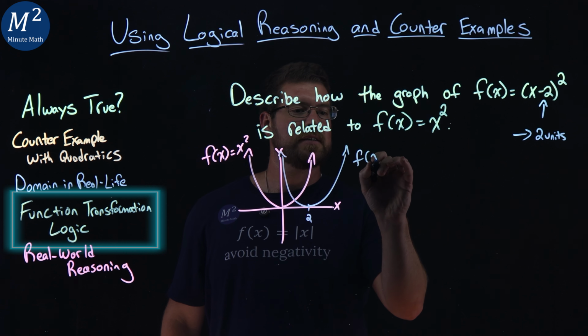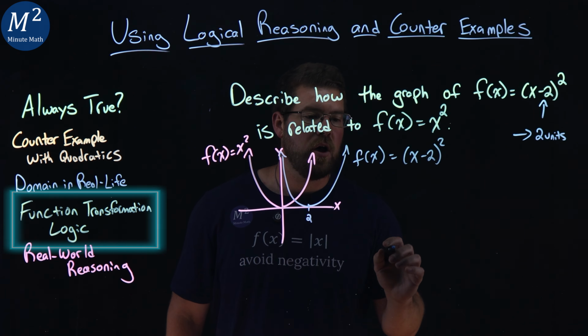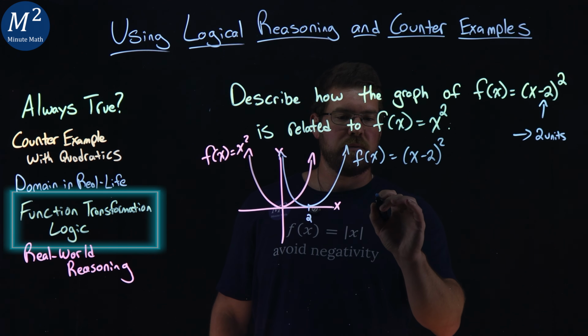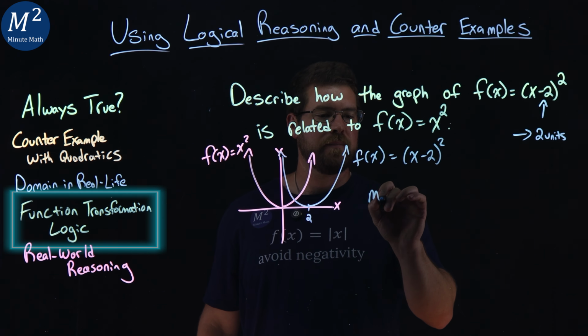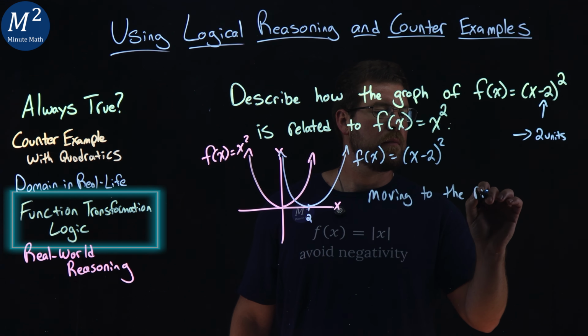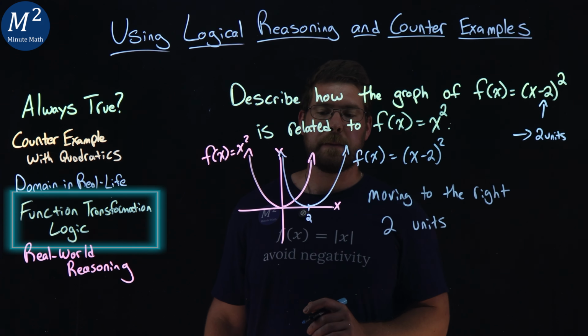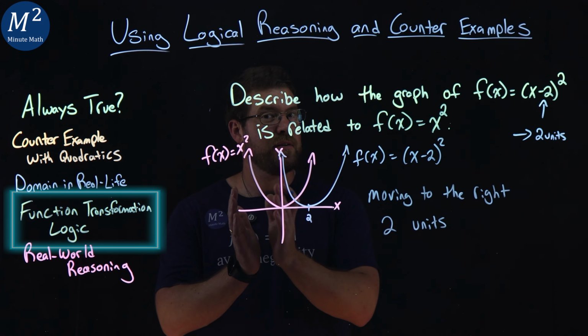So this is f of x is equal to x minus 2 all squared. We're horizontally shifting, or moving to the right, two units.